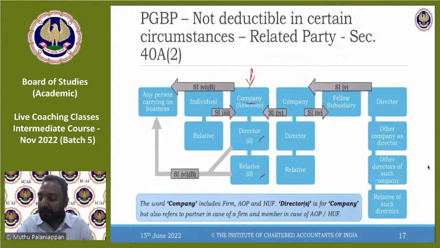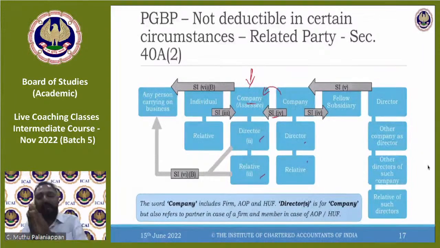And if another company owns substantial interest, wherever I have stated SI, it means substantial interest. So if a company has substantial interest, that company becomes a related party. Not just that company, the directors of that company, the relatives of the director, everyone becomes a related party.